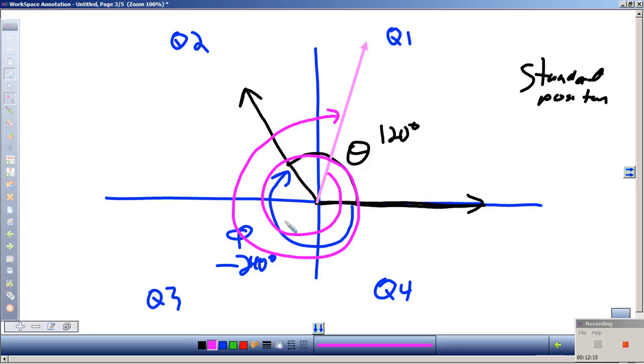How much is it all the way around? 360. And then this would be how much more? Another 90. So 450. I'm sorry, I drew it wrong. So starting here, you got 360, 450, 540.